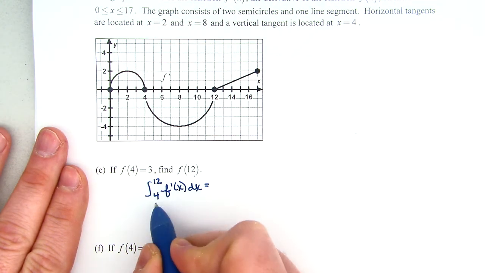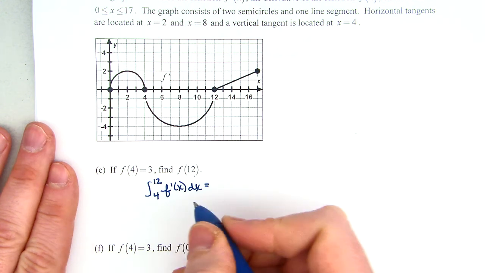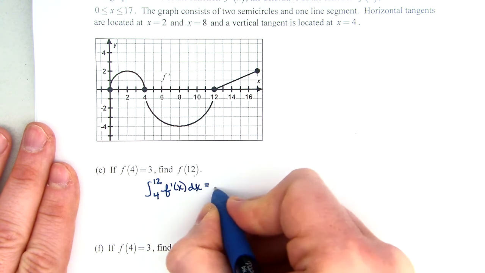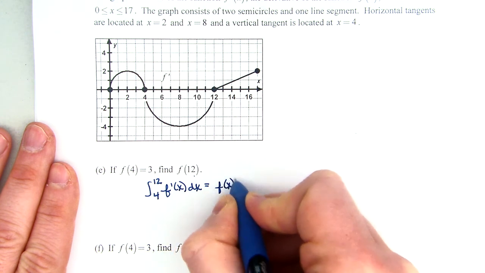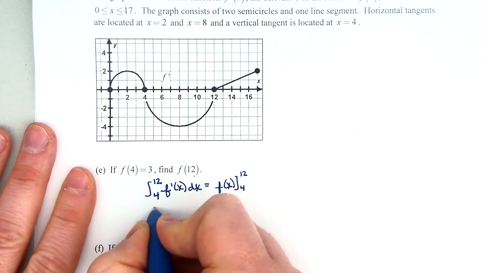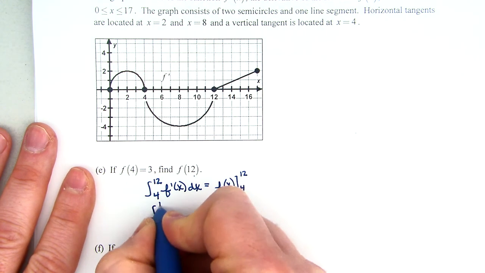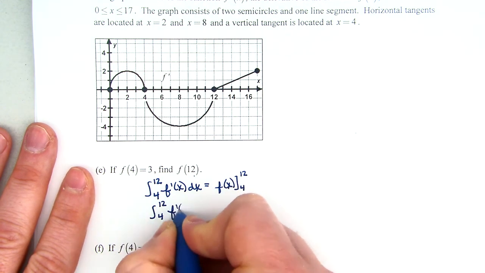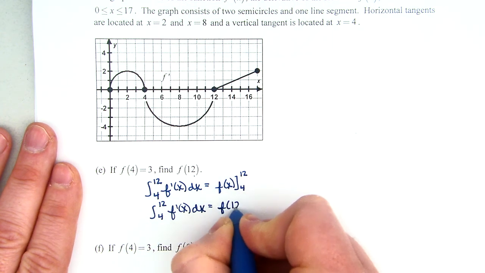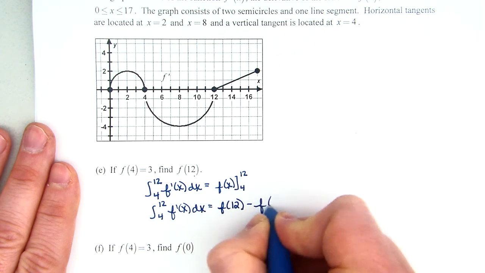I'm going to plug in 12 minus, I'm going to plug in 4. Well, the antiderivative of f prime is f. I'm going to get f of x from 4 up to 12. The integral from 4 to 12 of f prime of x dx is going to equal f of 12 minus f of 4.